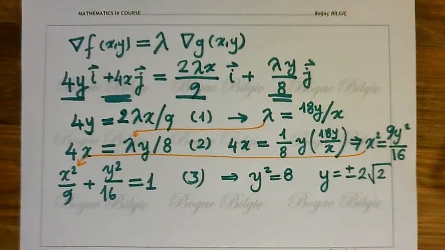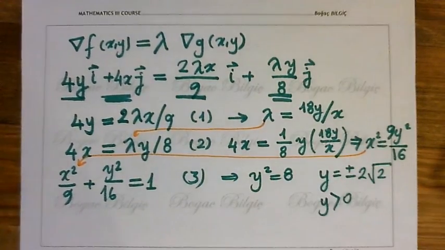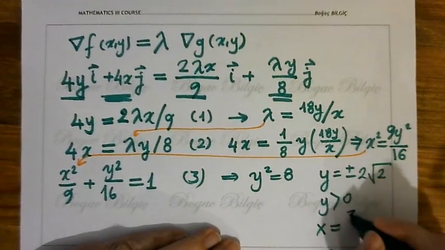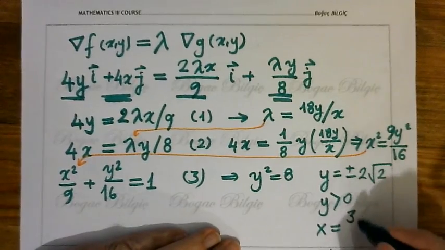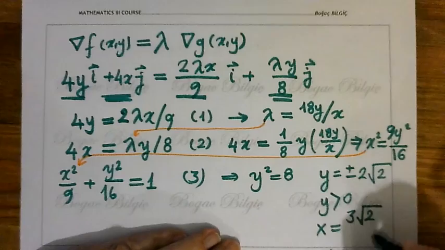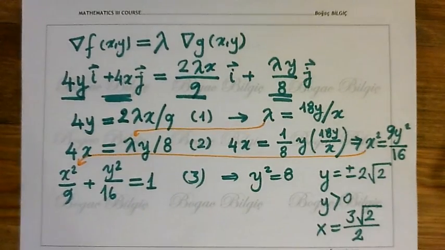Because it is required that y is bigger than 0, choose the positive value and find that x is equal to 3 root 2 divided by 2.